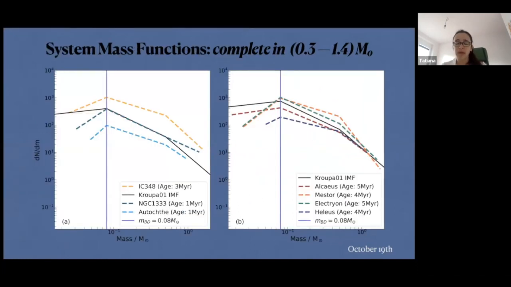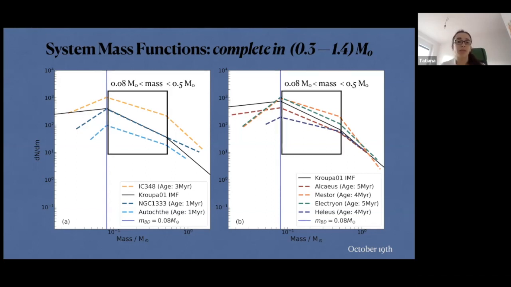Once we have these stellar masses, we plot them in basically a histogram, which is what the mass function is at the end of the day. On the left, I have IC348, NGC, and Autochthy. And on the right, it's Alkaeus, Mestor, Electron, and Helios. Because the samples that I have here are only complete between 0.3 to 1.4 solar masses, I only compare the middle regimes of these mass functions.